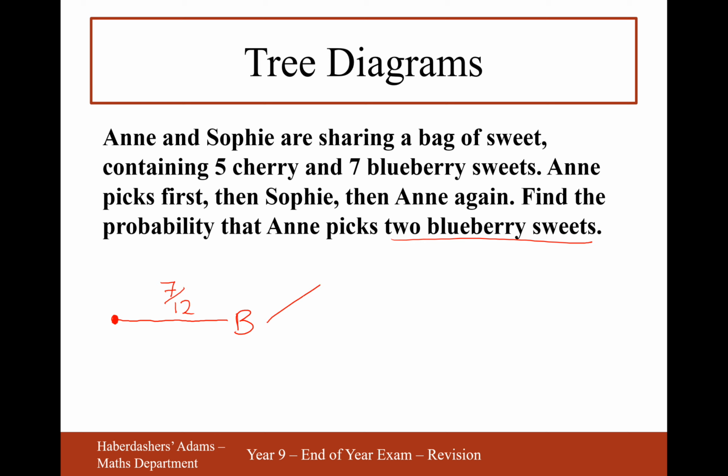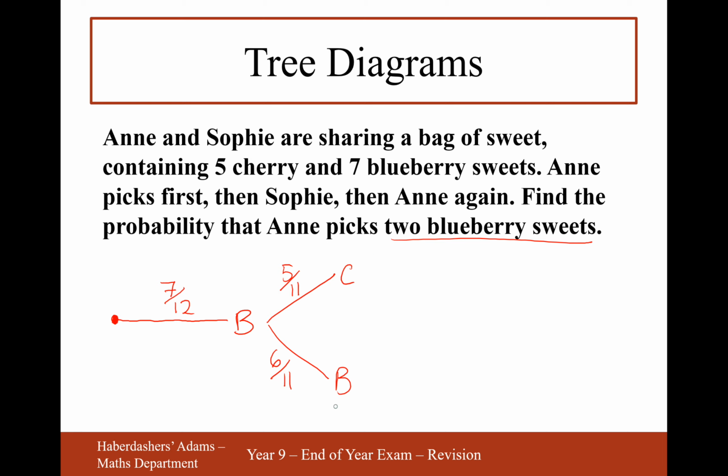Now I don't care what Sophie picks, she can pick either a cherry or a blueberry sweet. The amount of cherry ones left after Anne's picked a blueberry sweet will be 5 out of 11 sweets. And if Sophie picks a blueberry sweet, there are only 6 of those left out of 11 sweets.